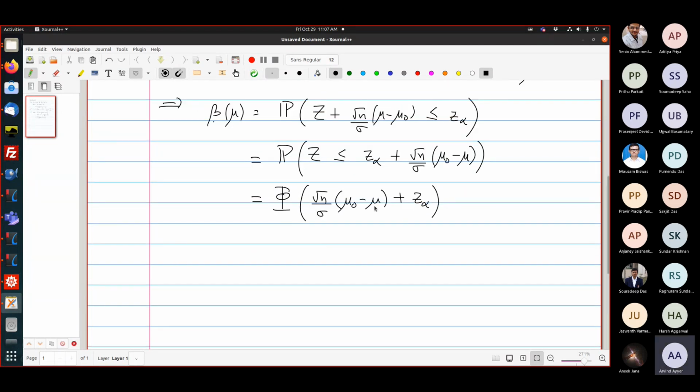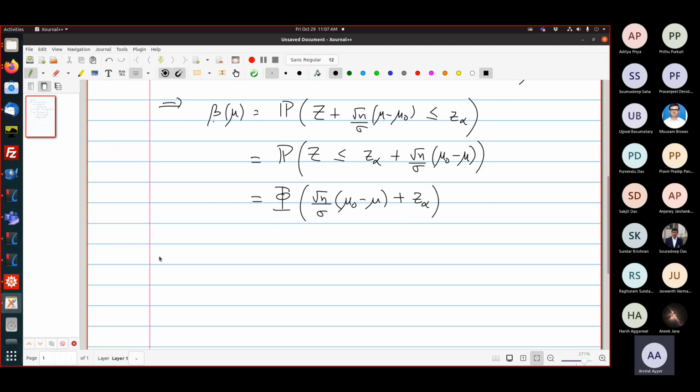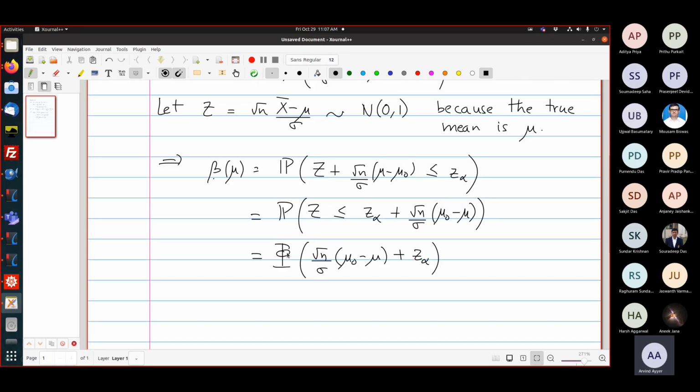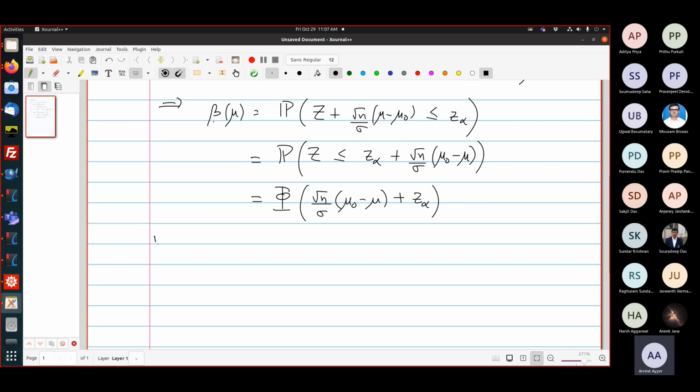Since phi is an increasing function, beta decreases as mu increases.